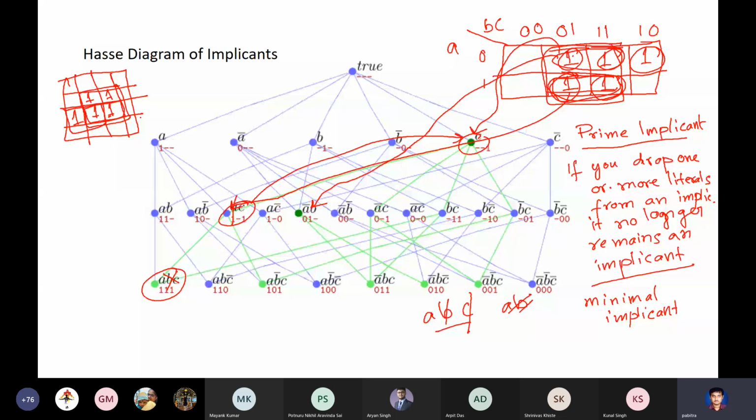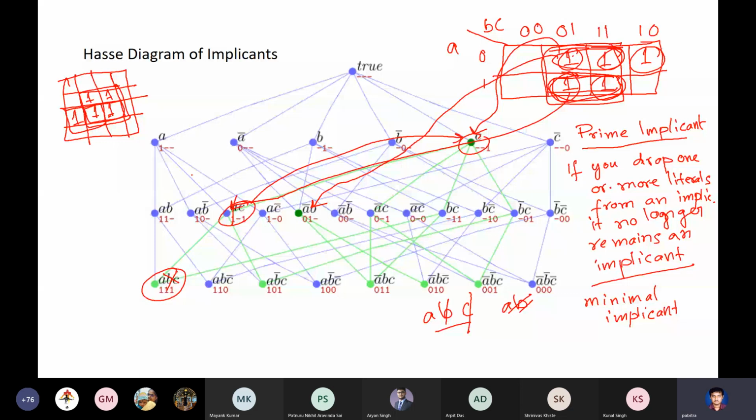So as a theorem, you can say that the minimal sum of product expression of a function should contain all the prime implicants covering all the true min terms. It's a union of them, right? But how do you find prime implicants? You actually need a search algorithm over the truth table to do that. That we'll talk about later.